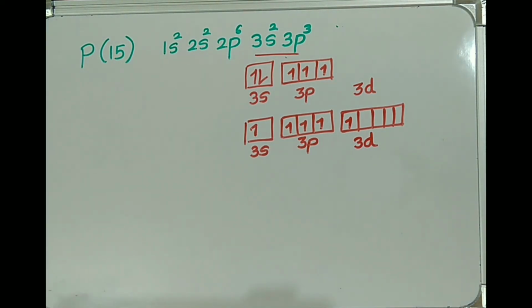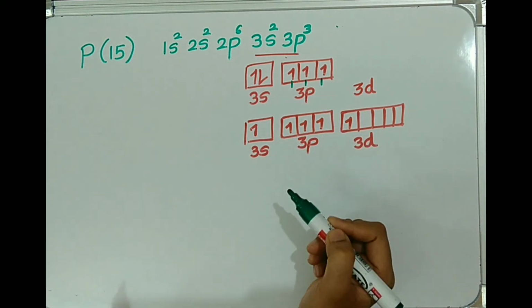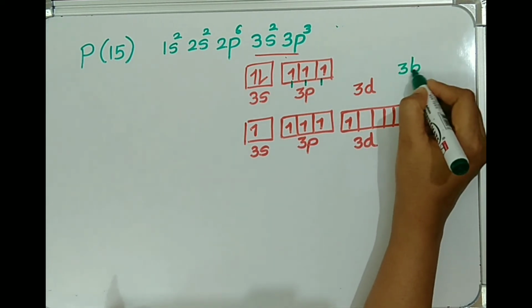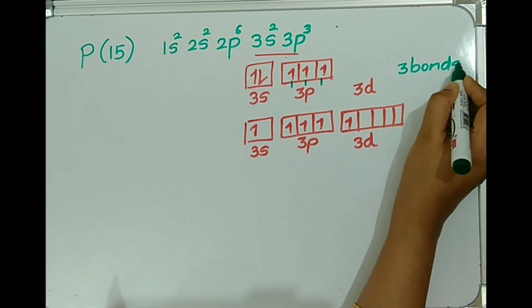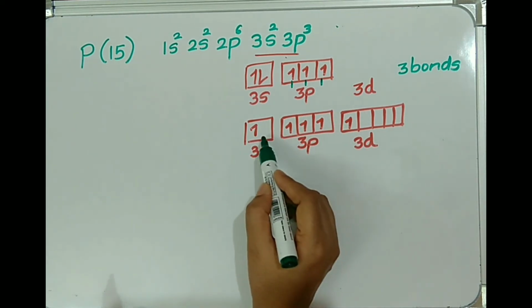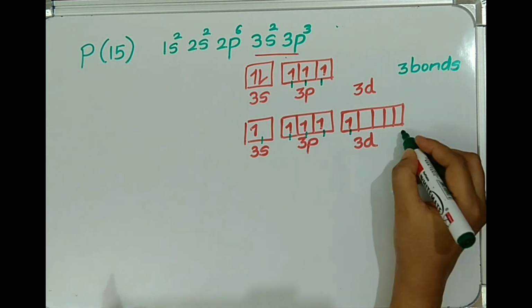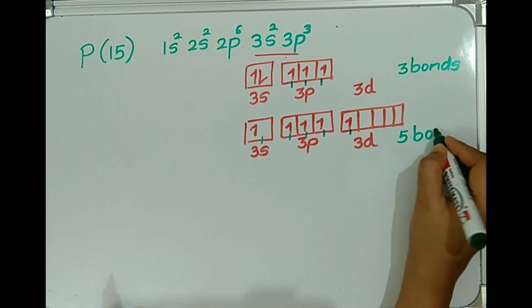Now seeing these electrons, you can say that phosphorus can form 3 bonds if it is not getting excited. If the electron jumps to the higher energy level, then all are single electrons, 1, 2, 3, 4, 5. So phosphorus can make 5 bonds also.